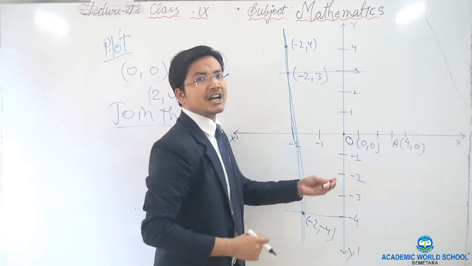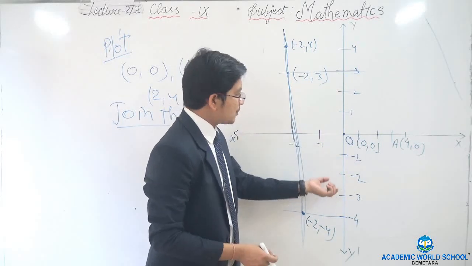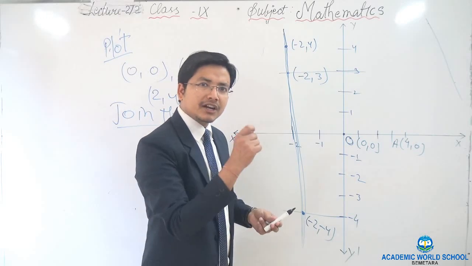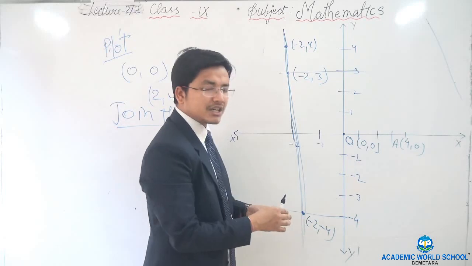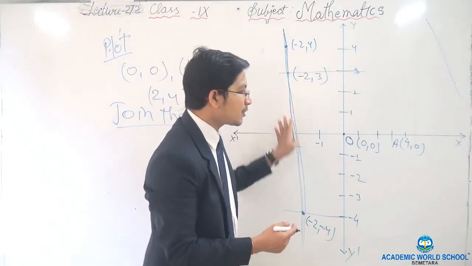Listen students, on the graph these are already given. Since I am drawing on the board, we have to write this 1, 2, 3, 4. Otherwise in the graph it is already drawn. We just have to mark with the help of a pencil.